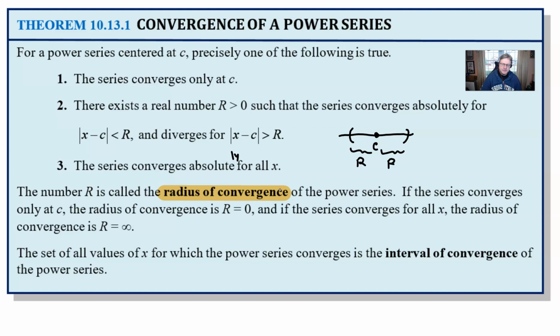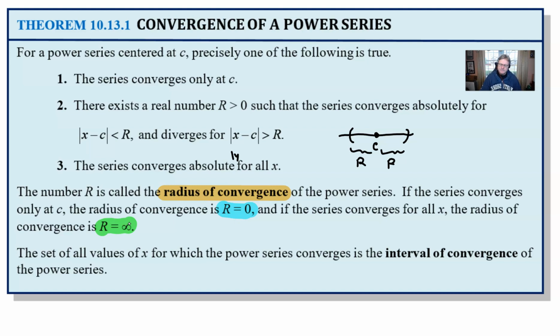If the series converges only at c, then we don't have a very big radius, right? Makes sense. If you only converge at where you're centered, your radius is nothing. But if you're in case 3, if the series converges for all x, then your radius has a size of infinity.